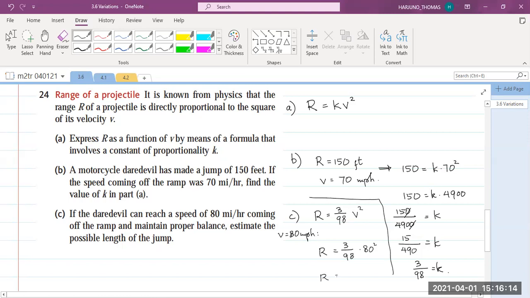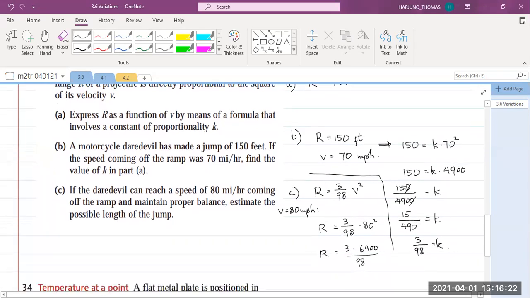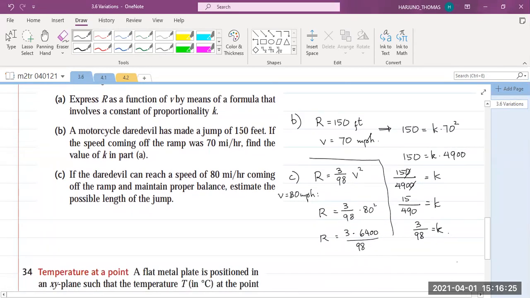Now you use your calculator: 3 times 6400 divided by 98. That will be 195 something feet.